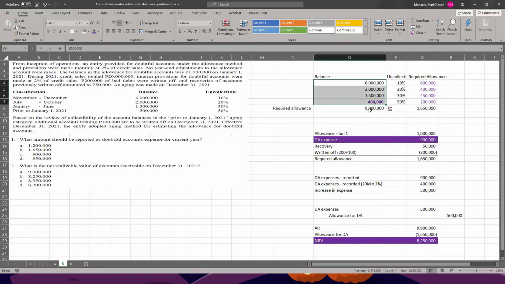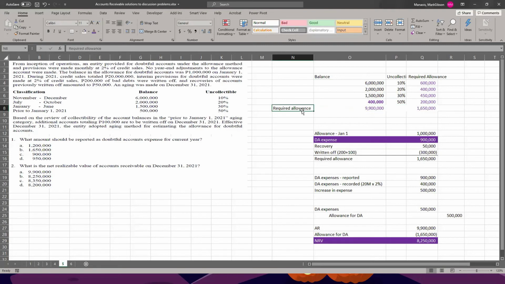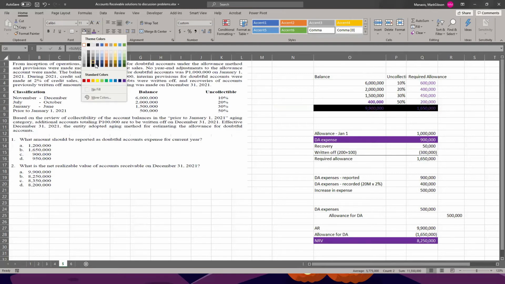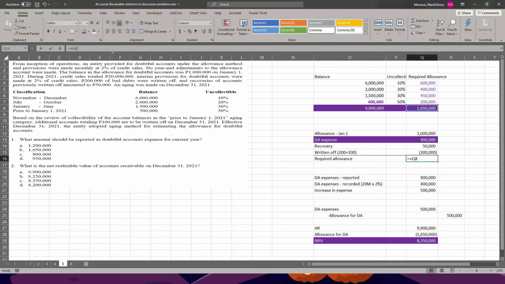So the total AR is 9,900,000, and the total required allowance would be 1,650,000.